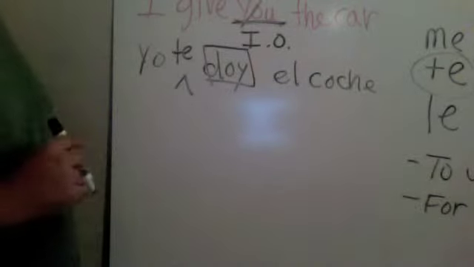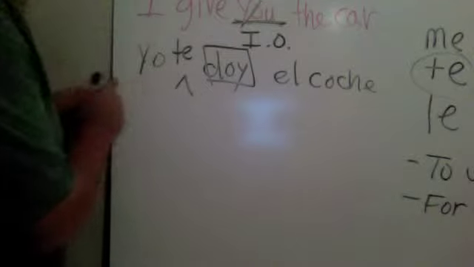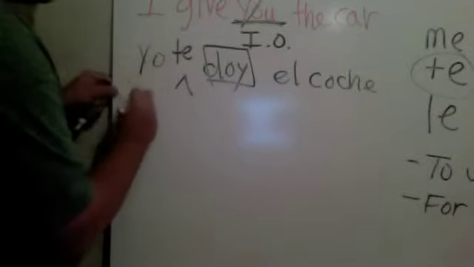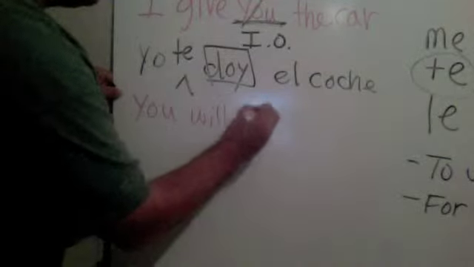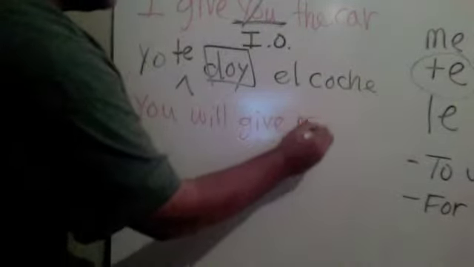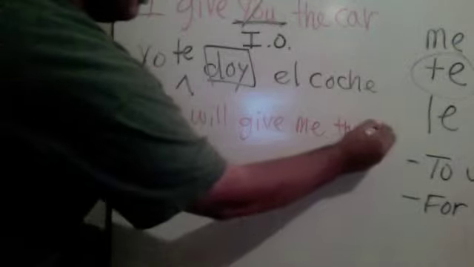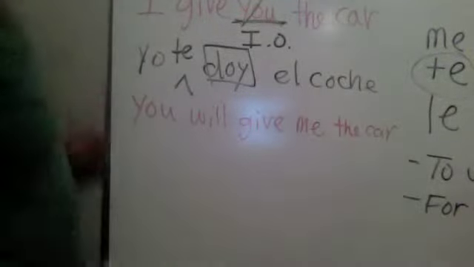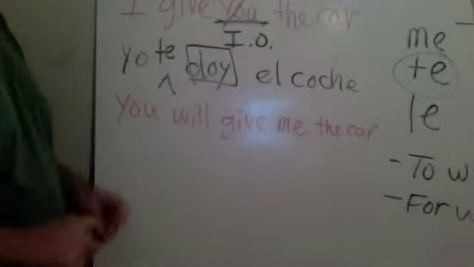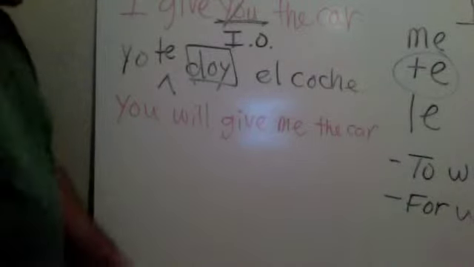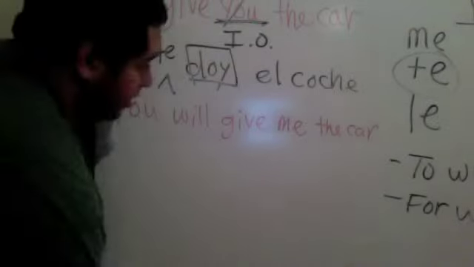Okay, let's look at another English example. You will give me the car. In this sentence, which is the indirect object? You will give the car to me, right?